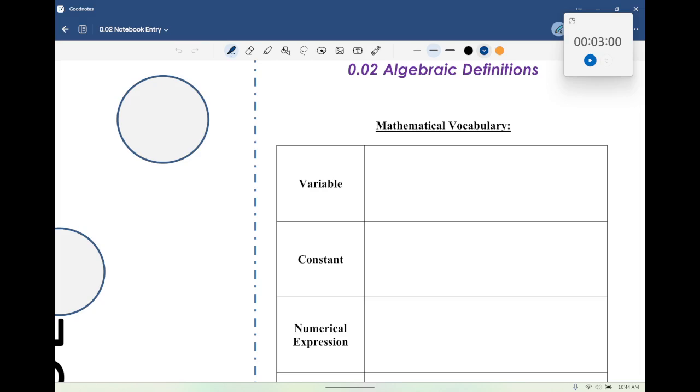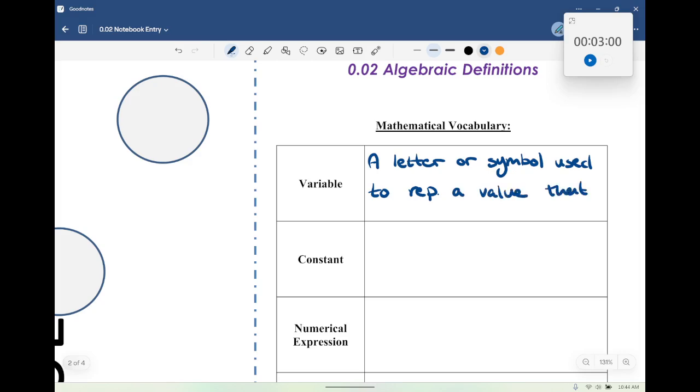First, a variable. Now, a variable is, write with me please, a letter or symbol used to represent, I just abbreviate as rep, a value that can change.